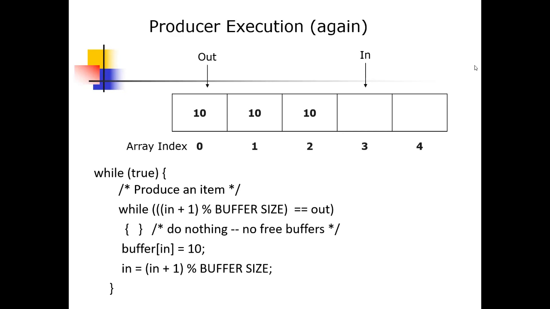So buffer 3 becomes 10, and the in value becomes 4. Like this, in becomes 4, and buffer 3 will be initialized to 10.